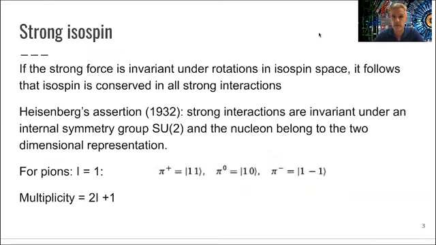But now if you assume that the strong force is invariant under rotations in this isospin space, meaning when you flip the neutron into a proton and vice versa, the strong force is invariant under those rotations. What follows directly is that isospin is conserved in all strong interactions.